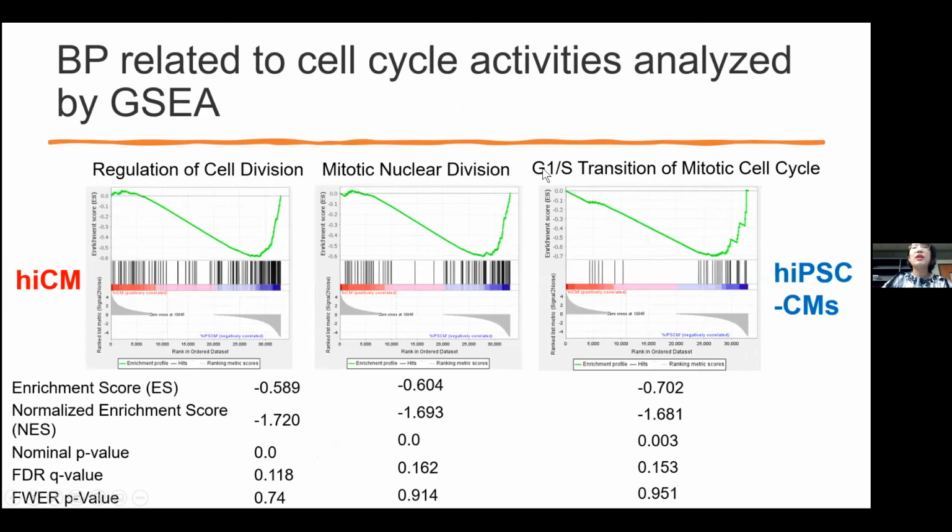And then I also ran a gene set enrichment analysis on both HICMs and iPSCMs. I found that there is a group of genes related to cell cycle activities that are significantly higher in iPSCMs, but not expressed much in HICMs.